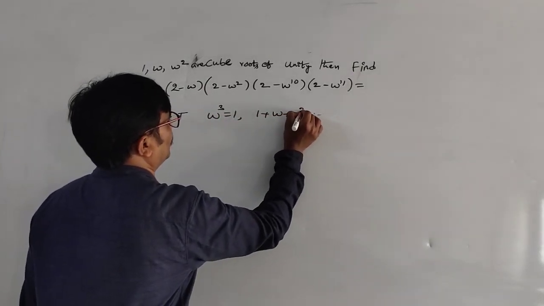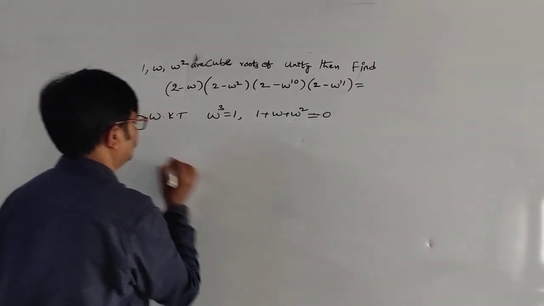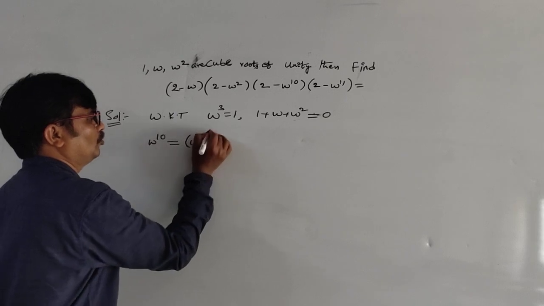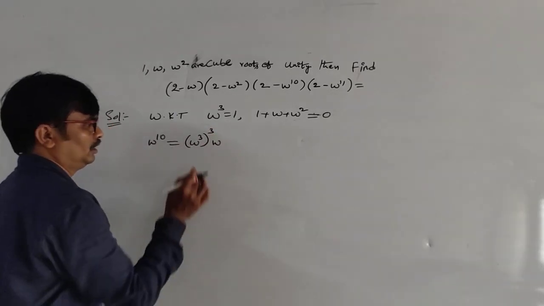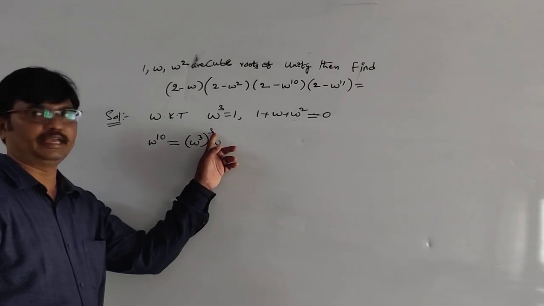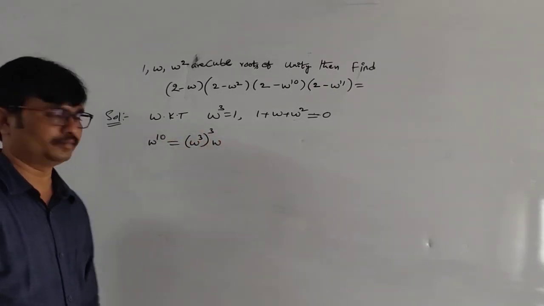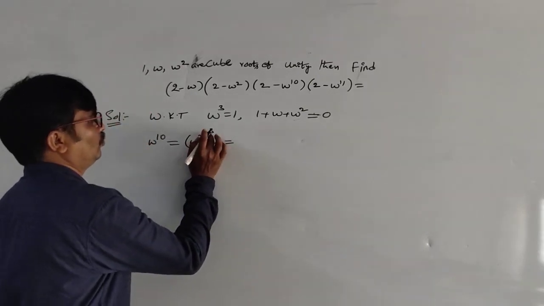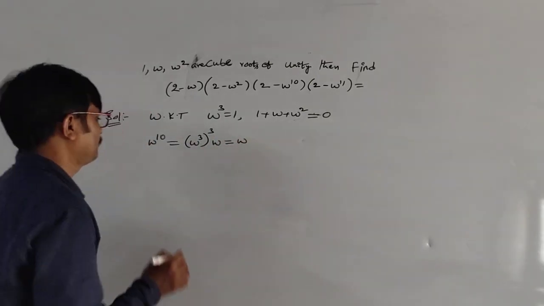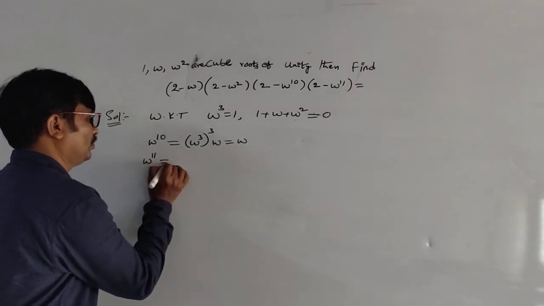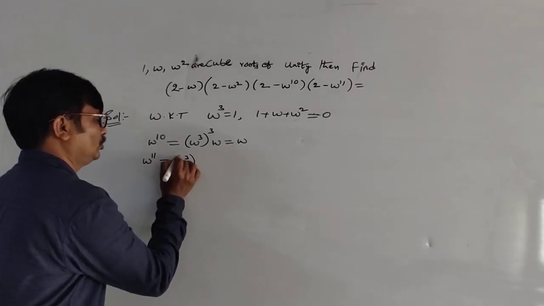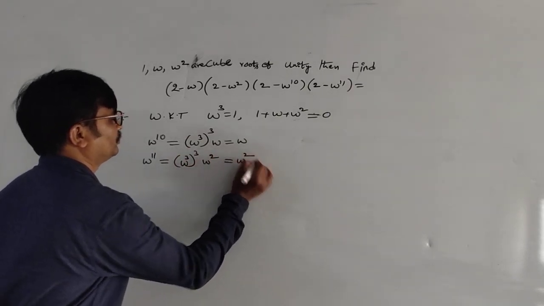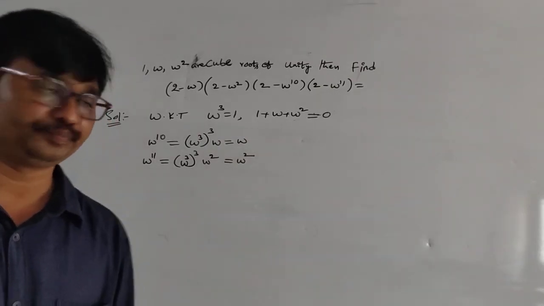Omega power 10 is omega cube whole cube into omega, since 3 threes are 9 plus 1 is 10. Omega cube is 1, 1 cube is 1, so that is omega. After that omega power 11 is omega cube whole cube into omega square, that is omega square.